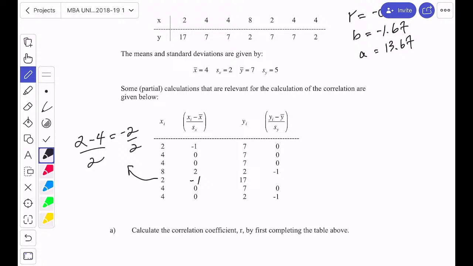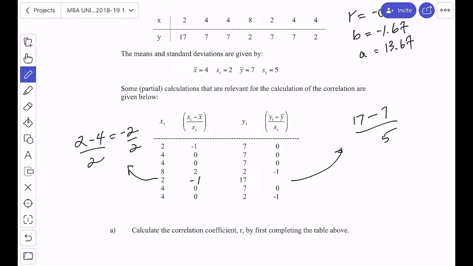So this is -1. And what about this value here? When y is 17, standardizing 17, 17 minus 7 divided by 5. And I'm using the information here.